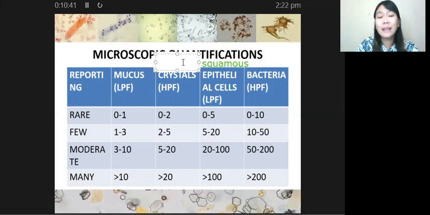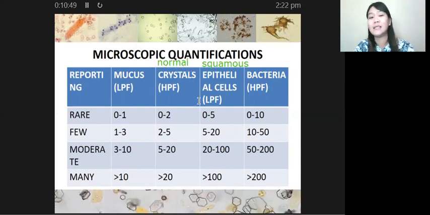So what type of crystals are reported as word per HPF? Those are the normal crystals, along with your bacteria, which are likewise reported as word per HPF. I think Sir Ruben explained this well in the video.